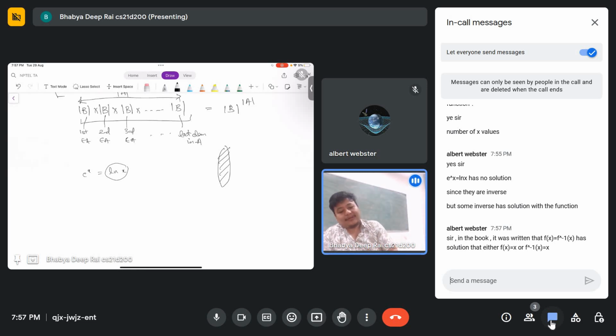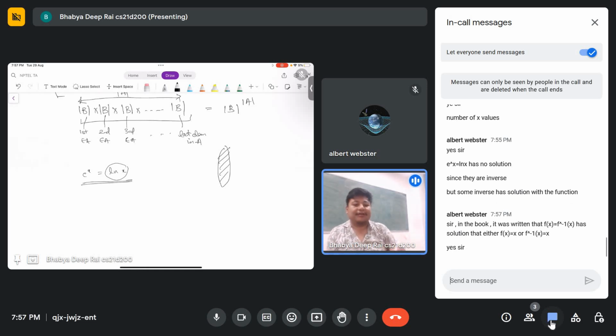Okay, I get it now. So you mean the existence of such an x, right? So here, for example, if f of x equals f inverse of x. Okay, so does such an x exist?